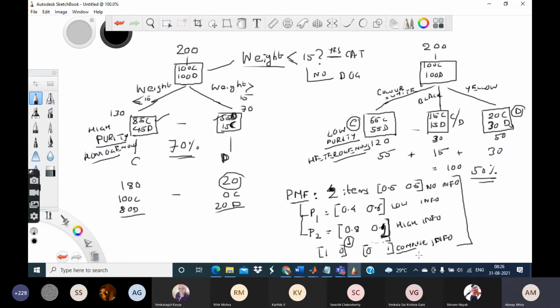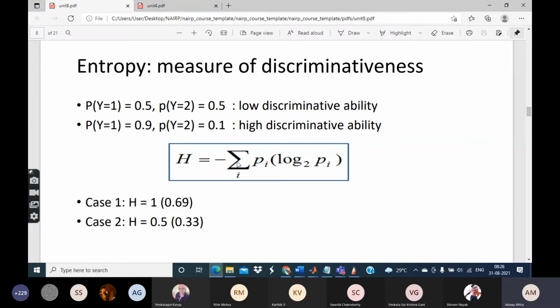Okay. So based on this concept, we define this term called entropy, which is defined in this way: minus the sum of pi times log base 2 of pi, where pi is the probability of the ith value of the random variable being taken.